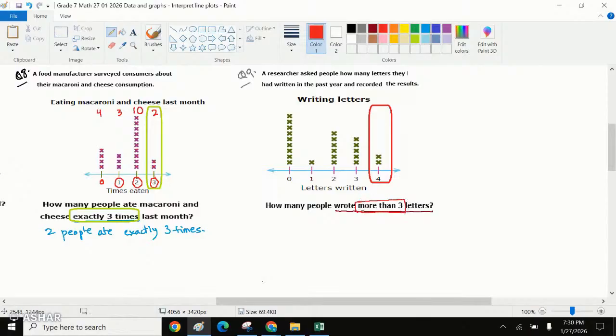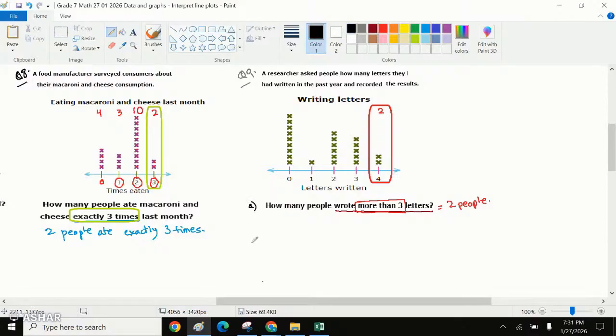More than 3 can be only 4. That means, agreed? Do we agree on this? More than 3 letters were written by 2 people. Because 4 is greater than 3, right?